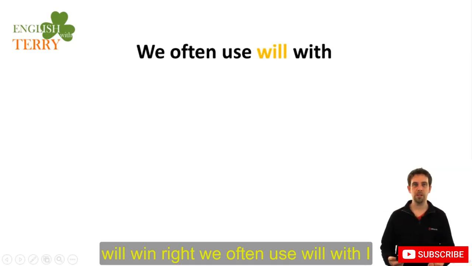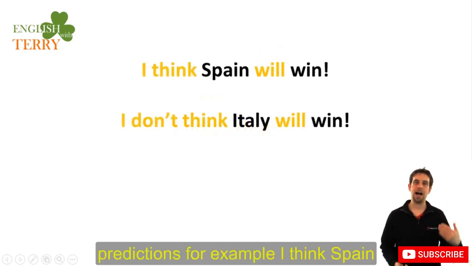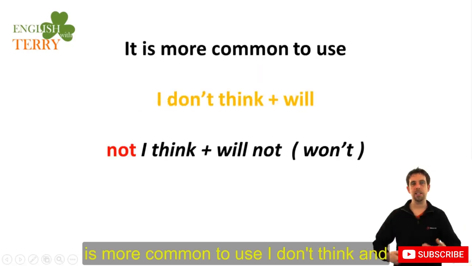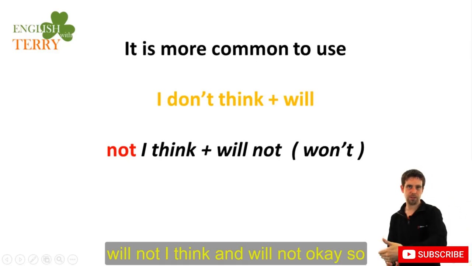We often use will with I think, I don't think when making predictions. For example, I think Spain will win, or I don't think Italy will win. It is more common to use I don't think and will, not I think and will not, okay?